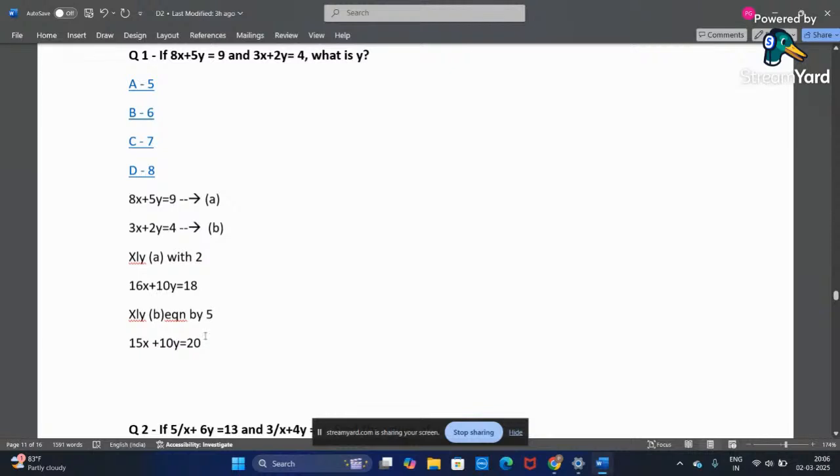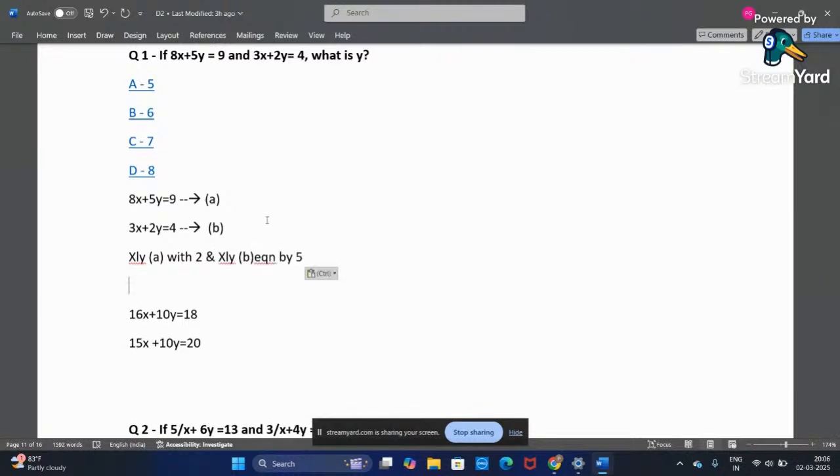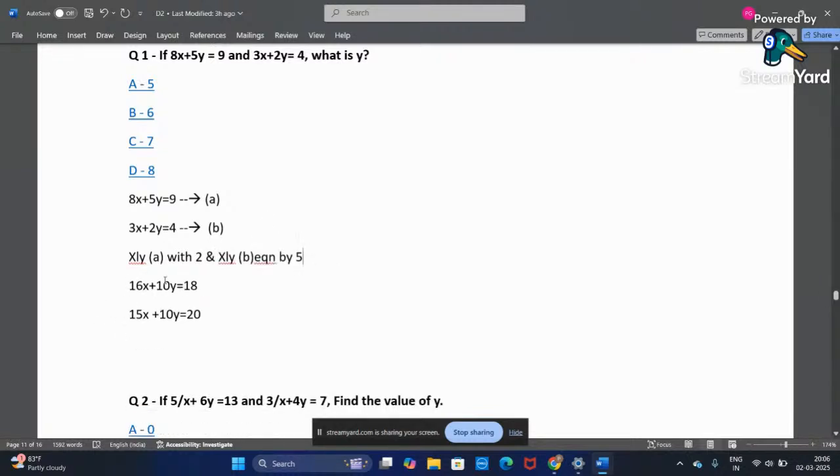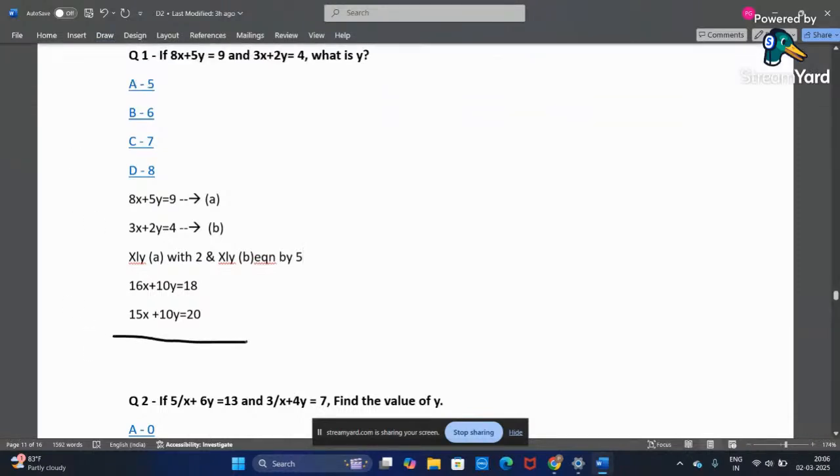So what you have to do? You have to subtract this equation from this equation. When you are subtracting equation A and B, you have to change the sign. In linear equations, you have to change the sign.